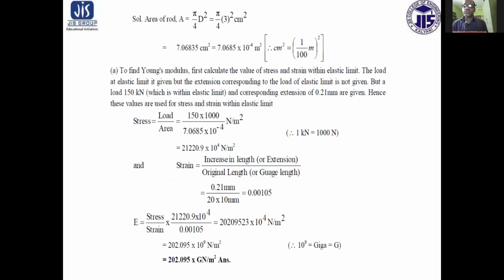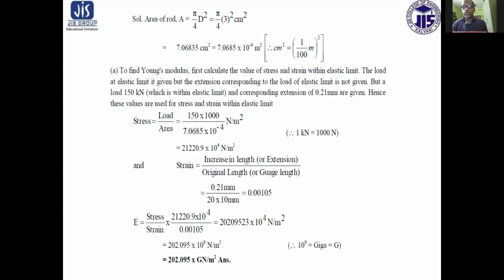So, solution. First of all, we need to find the area of the rod A, which is pi by 4 d square, and in terms of meter square it is equal to 7.0685 into 10 to the power minus 4 meter square. First, to find the Young modulus, calculate the value of stress and strain within the elastic limit.